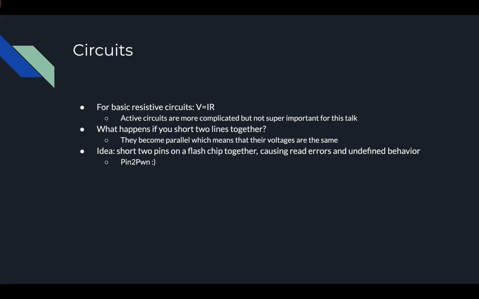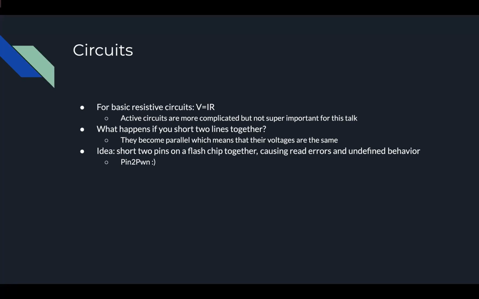And the only time you're going to burn stuff is when you short a power to ground, which basically means that you are causing infinite current, which is just electrons moving in the wire to go to the wrong spot. And that is what causes stuff to explode, burn, whatever.